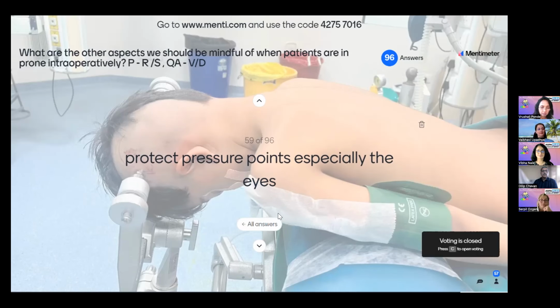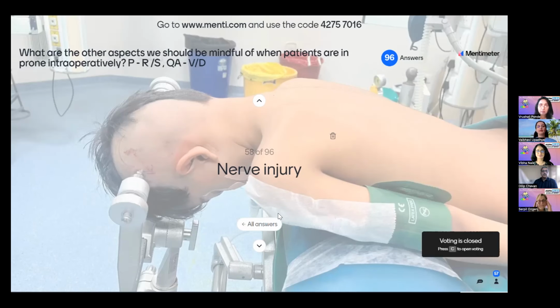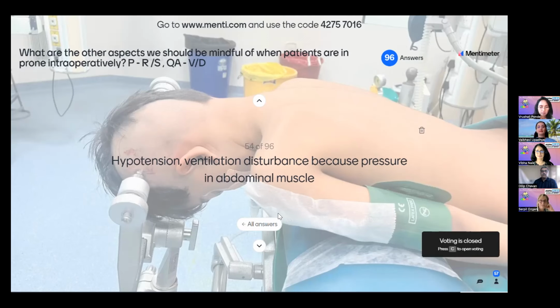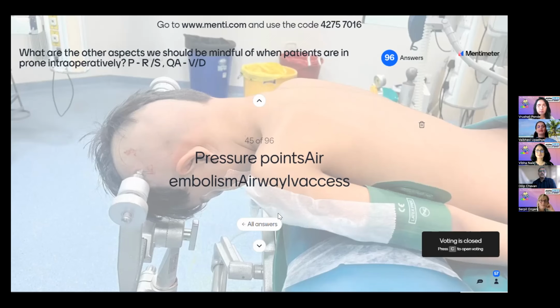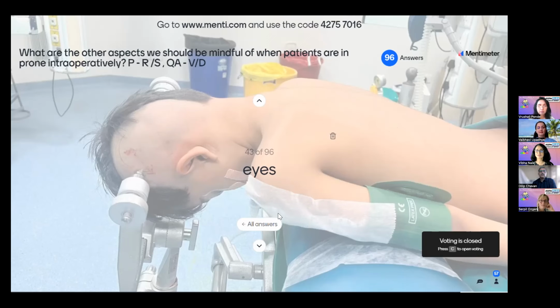And a lot of participants have pointed out that with the tracheal tube, there can be a lot of different types of tube incidents, for example, kinking, dislodgement, etc. So when we turn the patient and after we have turned the patient to prone position, we have to make sure the airway is still secured.